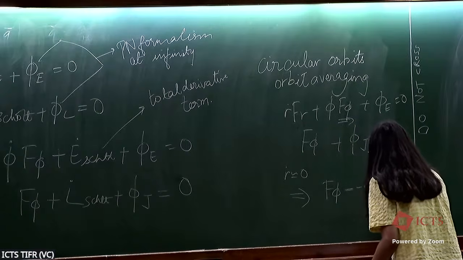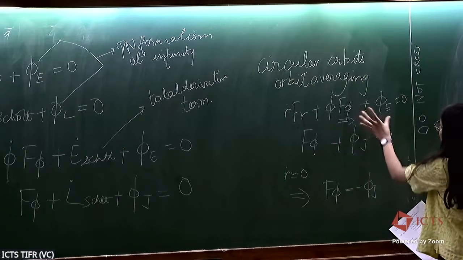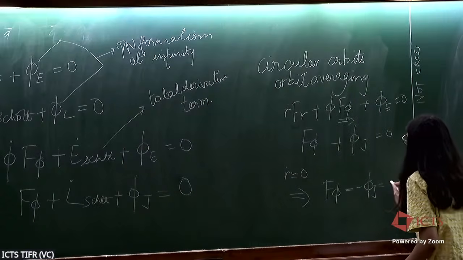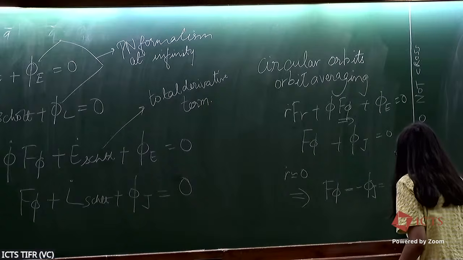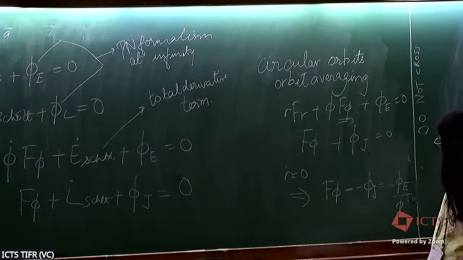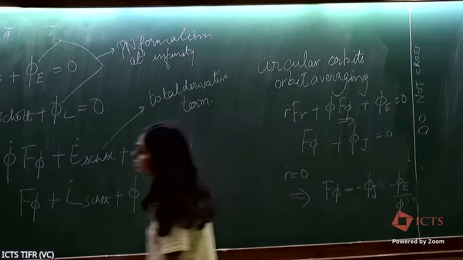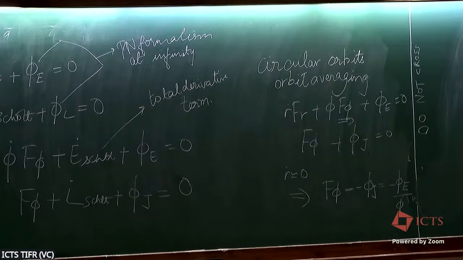minus phi j. And from here, we get that this is equal to minus phi e divided by phi dot. And this phi dot is nothing but the orbital frequency here.